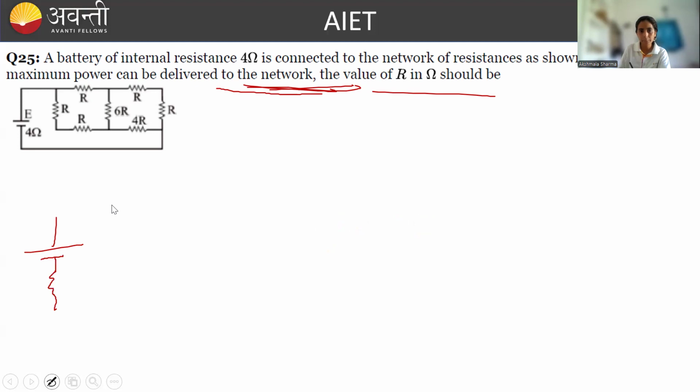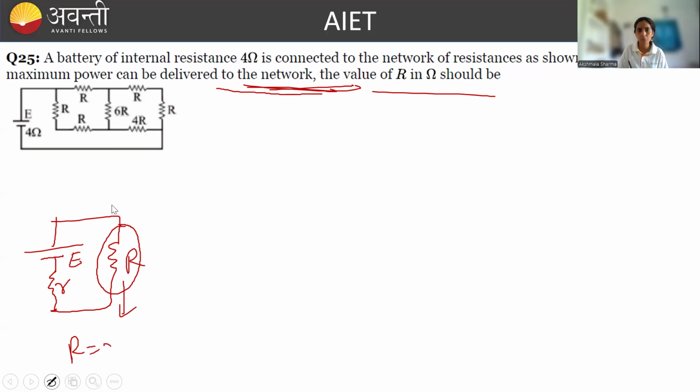If there is a battery of certain volt, an internal resistance r, and then there is external resistance added, capital R, this will consume maximum power only if value of R is equal to small r. Okay? So if the whole network has value of 4 ohm, then it will consume maximum power.